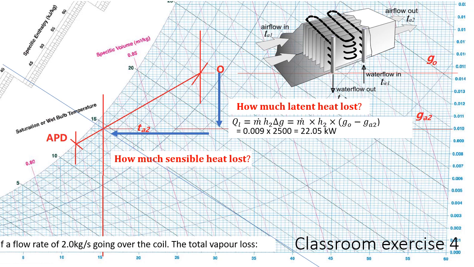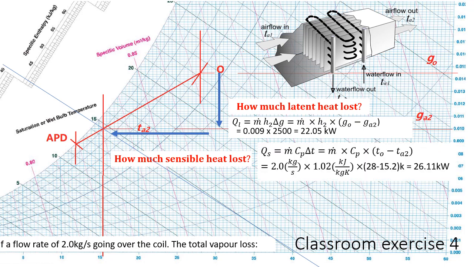Right, so how much sensible heat? And we know this already. Sensible heat QS equals mass flow rate multiplied by specific heat of air multiplied by temperature change of air. So therefore, m dot multiplied by Cp air multiplied by TO minus TA2.